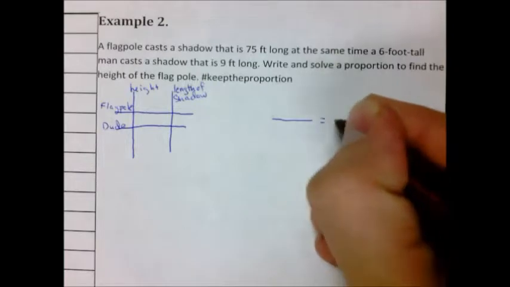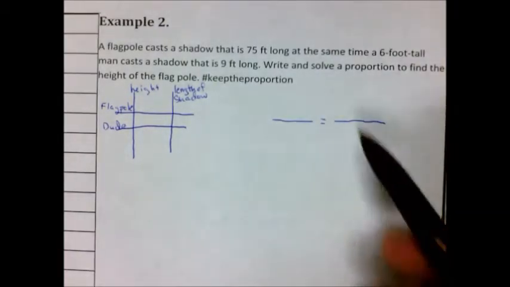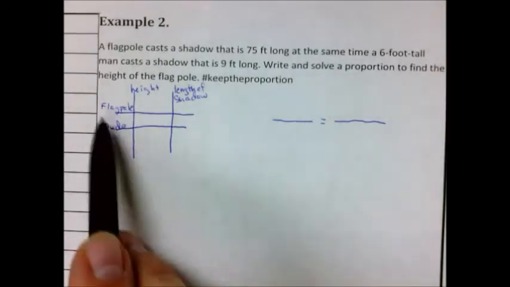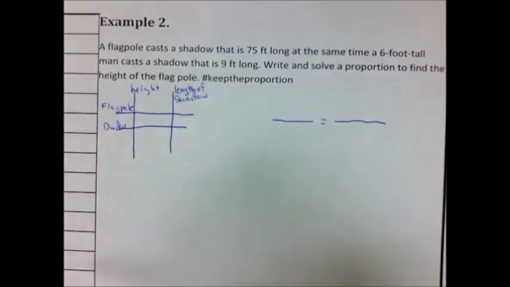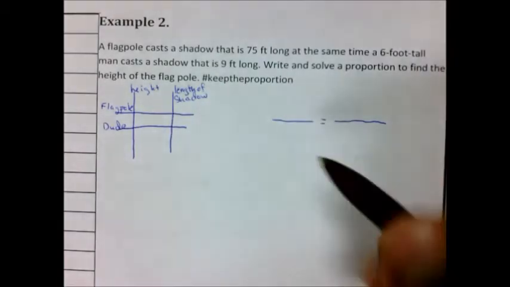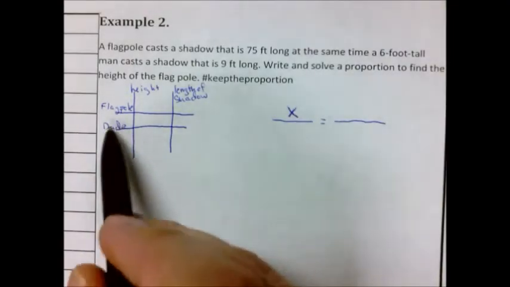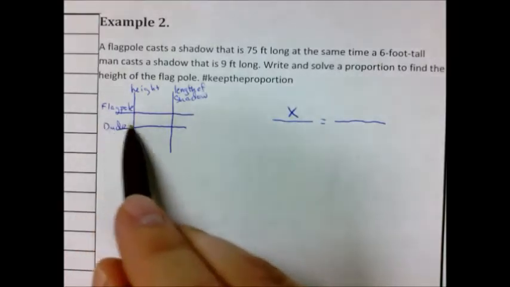We're going to set up a proportion by doing line equals line. Okay, this is a division, and we're setting up that proportion. Now the top right here, we need to have the flagpole, talking about the height of the flagpole. Well, we don't know the height of the flagpole. That's what we're trying to figure out. So that'll be x. And then this bottom section, the denominator here, is going to be the dude's height.